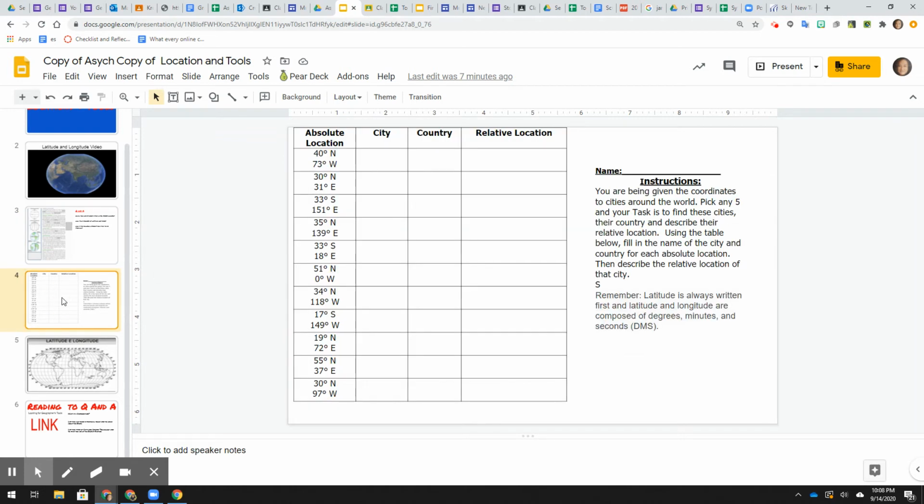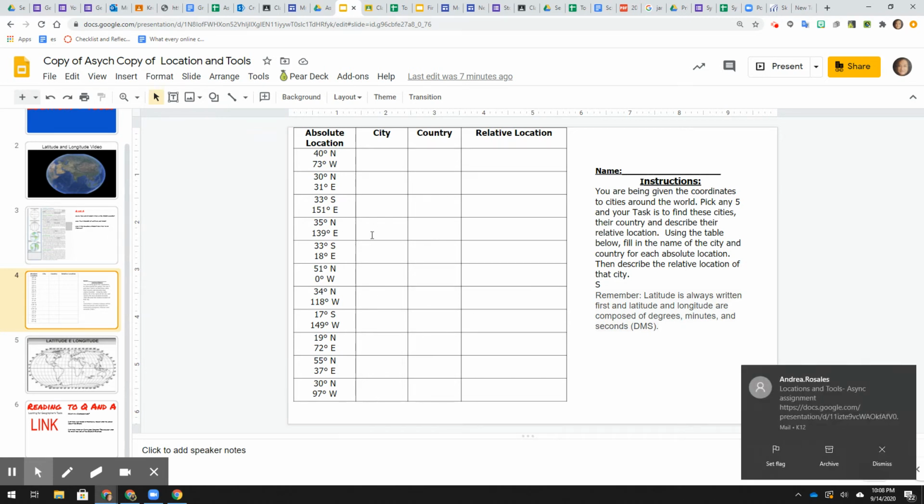And then the next activity takes you here, and you're being given instructions to use these coordinates. And you can pick 5. You don't have to do all of them. And you're going to find the cities and their countries and describe their relative location. And it says use table below. This is the table over here. I've moved it around. You also want to know that latitude is always written first.